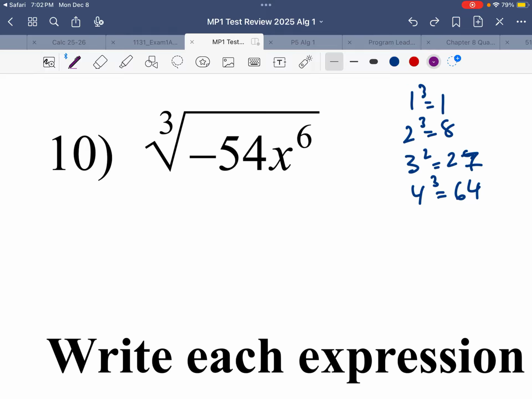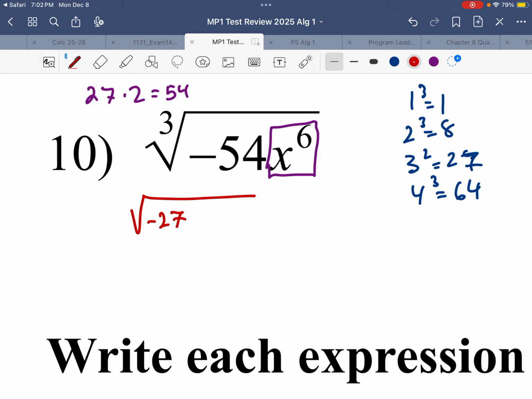So it's not going to be 2 cubed. So 27 times 2 is equal to 54. And I'm looking for a perfect cube. When you're finding the cube root of the exponent, it's almost like you're dividing by the index here. So I can rewrite this like, I'm going to keep the sign with the 27.